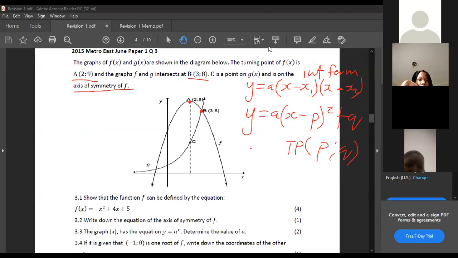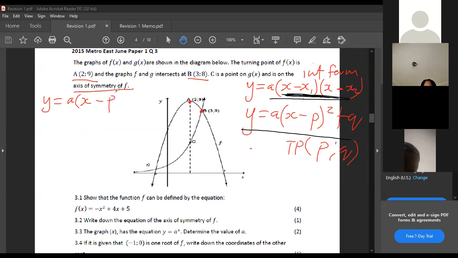So I can make use of the turning point form. The intercept form I use when I have intercepts and a random point. But here I have a turning point and a random point, so I use y is equal to a(x minus p) squared plus q.